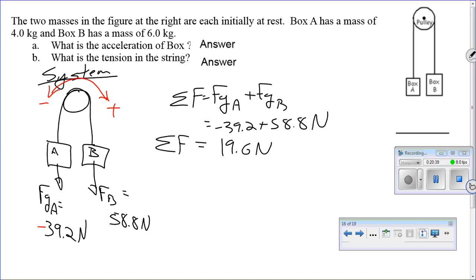Find the acceleration, right? By dividing by mass. What mass do I use? Both, because everything is accelerating this way, right? The whole system is going this way, due to this net force acting on a total mass of 10 kilograms.